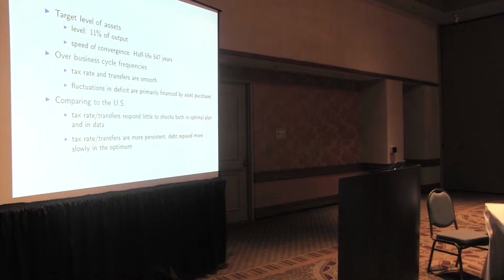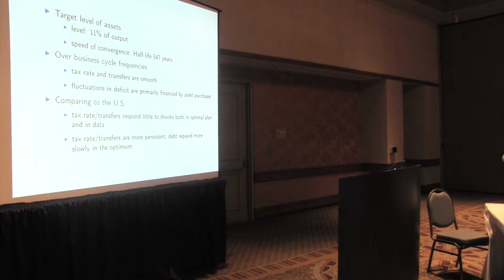But the main difference comes in the persistence, as I was explaining. In the optimal plan, these changes are small but persist for a very long time. In the US, in our estimates of US tax policy, debt is repaid much faster. So I'll have more to say when I get to the quantitative section.